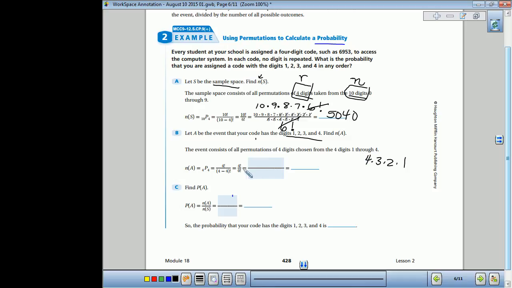But this would give us 4 factorial over 4 minus 4, which is 0 factorial. Well, I just went back up and we defined 0 factorial as 1. So it is 4 times 3 times 2 times 1, which is 24. So this probability is 24 over 540.